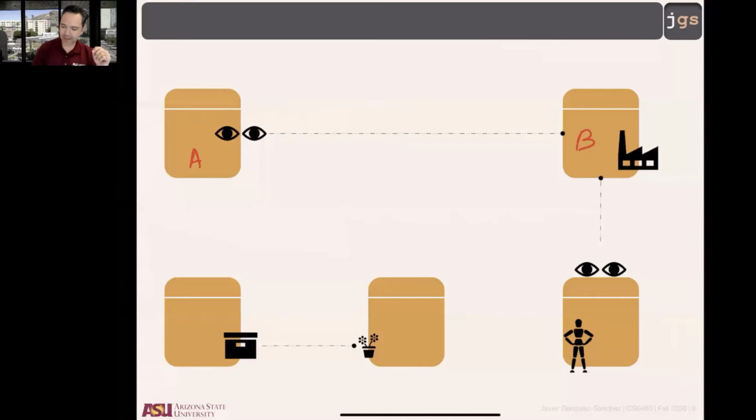Oh, by the way, there is a class C that is also observing B. So this B is providing information to A and C.